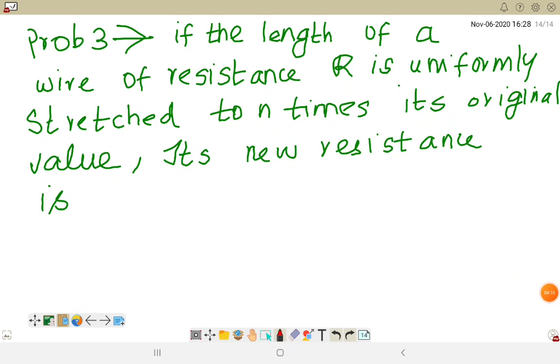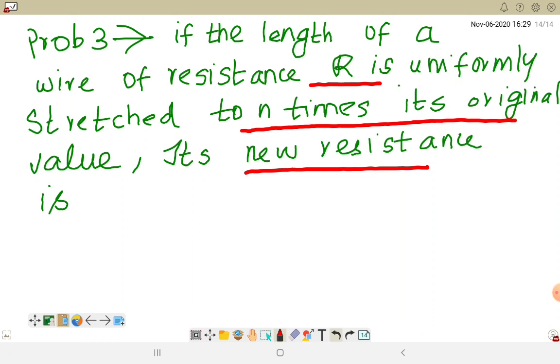Next, problem 3. If the length of a wire of resistance R is uniformly stretched to n times its original value, its new resistance is, that is the question. So the old resistance is R and we are going to find out the new resistance. A conductor with the resistance R is stretched to n times.